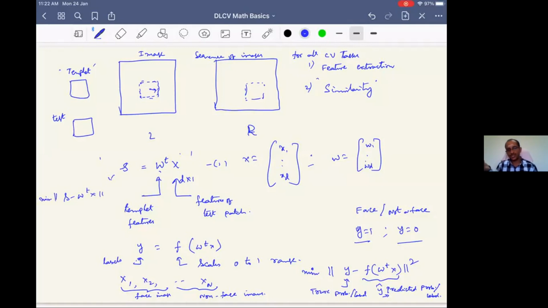I may say that for the positive class, this score has to be very high, maybe 100 or whatever, and for the negative class, it is low. So instead of this, what we can do is maximize W transpose X itself. This may be our problem if it belongs to the positive class. We will see how exactly we formulate the cost functions.